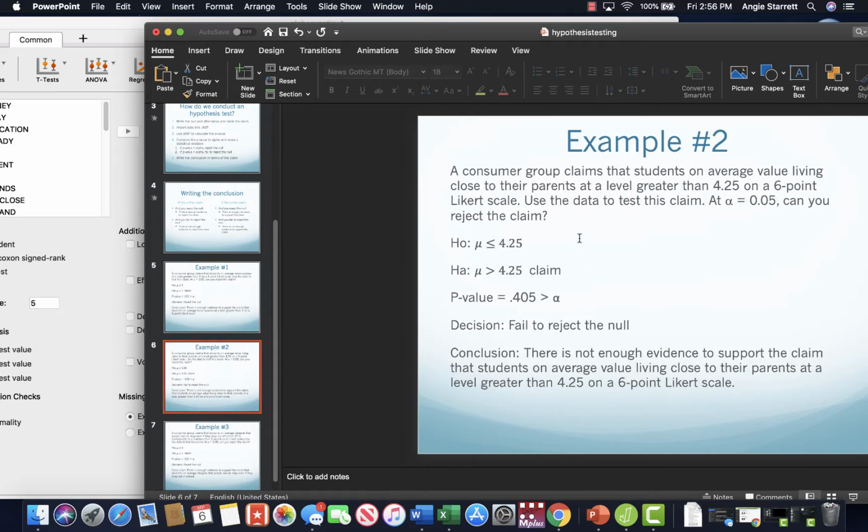Let's consider living close to their parents. How many 12 to 18-year-olds want to live close to their parents forever? A consumer group claims that students on average value living close to their parents at a level greater than 4.25 on a 6-point Likert scale. Use the data to test this claim.